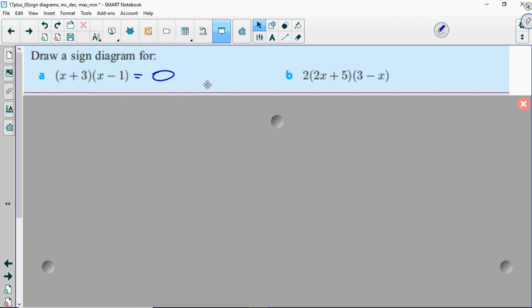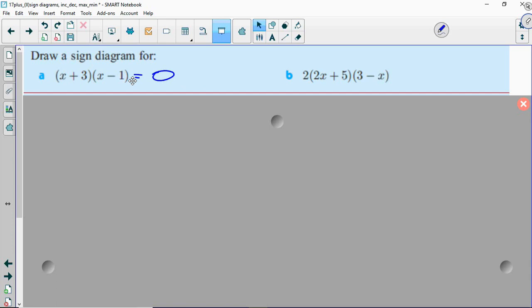So we're going to mark those two numbers on our sign diagram. It's clearly going to be defined for every value of x because there's no chance of us dividing by 0. And there's no chance of us taking the square root of a negative. So our sign diagram only needs to worry about the two zeros that we just identified.